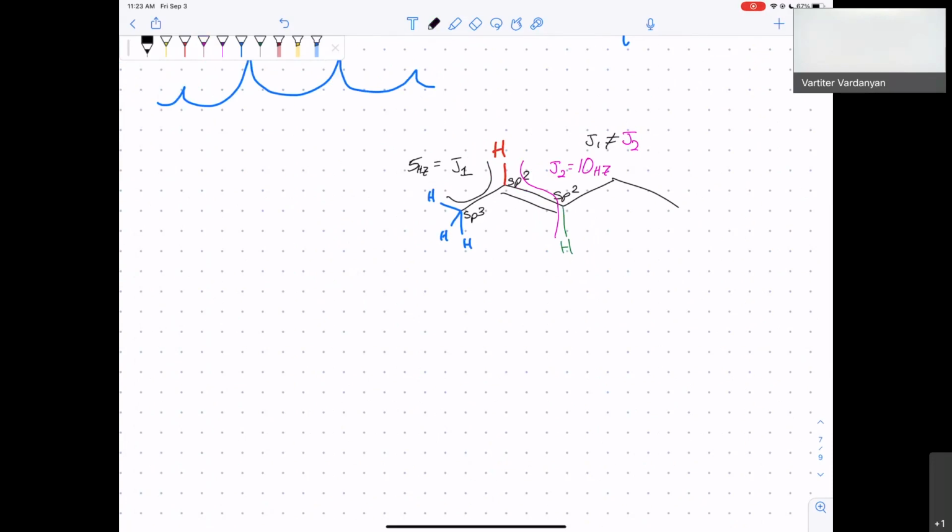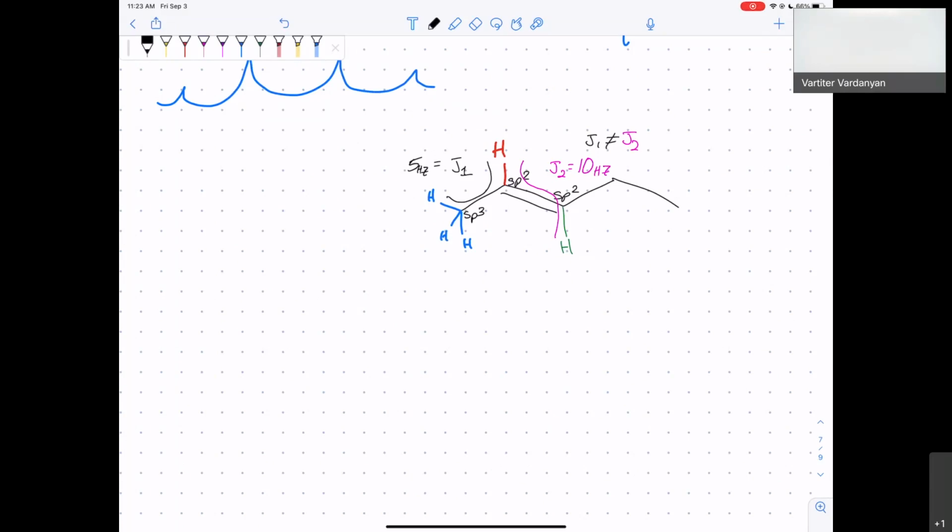What's the only J value I expect you guys to know already? 7 hertz, because that is normal, average, most common. But what kind of hydrogens? How are they related? Adjacent hydrogens, and those are called vicinal hydrogens.